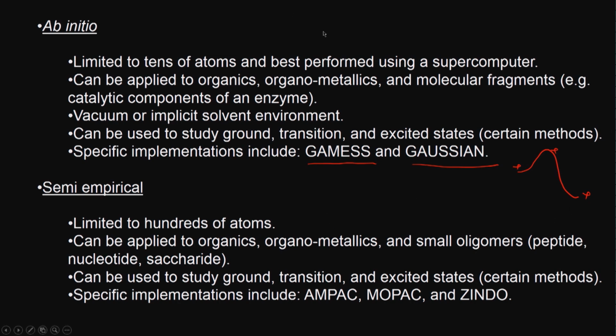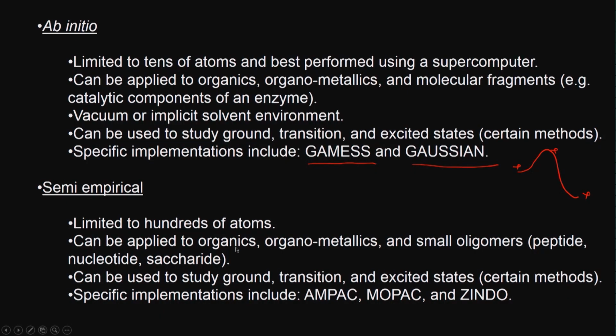Semi empirical methods: where ab initio handles tens of atoms, we can go to hundreds of atoms or even larger. As I said before, if you are looking at thousands of atoms, we will not go for quantum mechanics, we have to go for molecular mechanics. It is limited to hundreds of atoms and can be applied to organics, organometallics, oligomers, small peptides, nucleotides, saccharides.